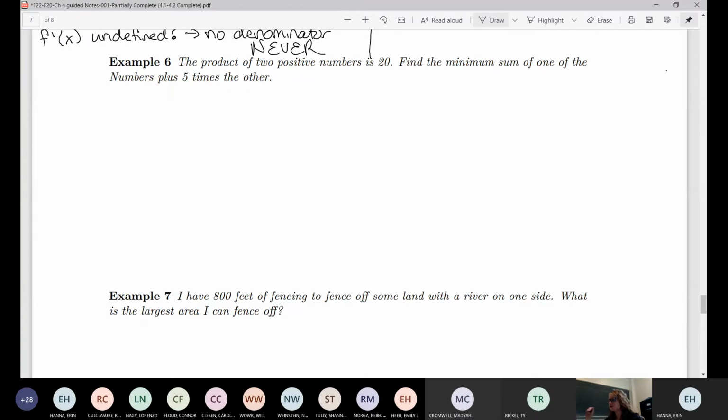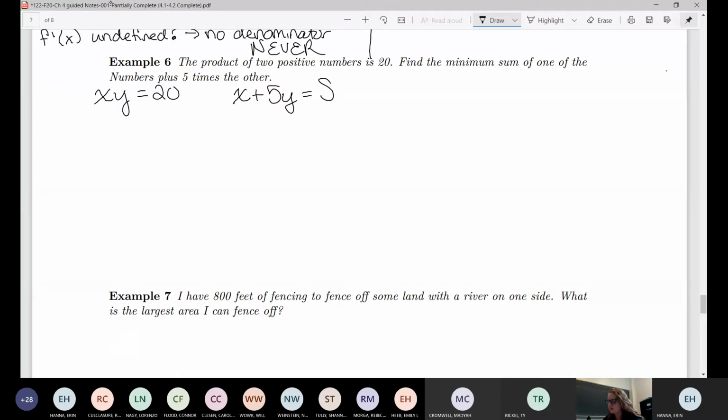I essentially get two equations from that statement. The product of two positive numbers is 20, so x times y is 20, taking x and y as my two positive numbers. Then the sum is one of them plus 5 times the other, so x plus 5y.